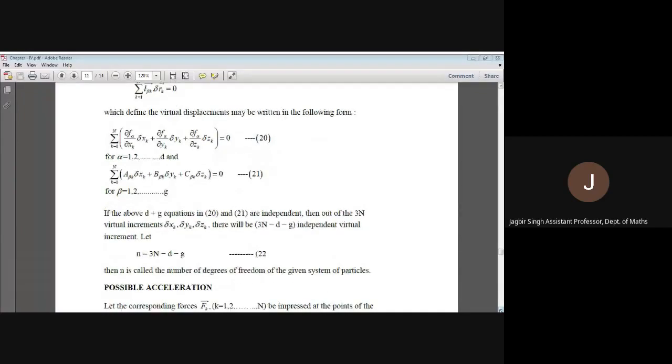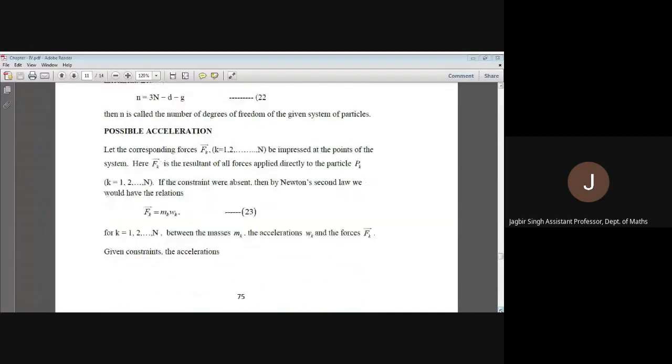Okay. After that, we are having the possible acceleration. What is possible acceleration? Basically, all of us know Newton's second law, that force equals mass into acceleration.